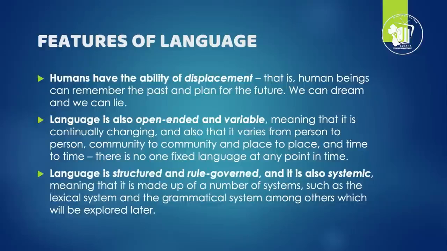It tells us that language is structured and rule-governed, and it's also systematic. Rule-governed: you have to write a sentence, you must make sure that your subject and verb agree. You must make sure that your pronoun and its antecedent agree. A whole lot of things go into that whole idea of structured and rule-governed.